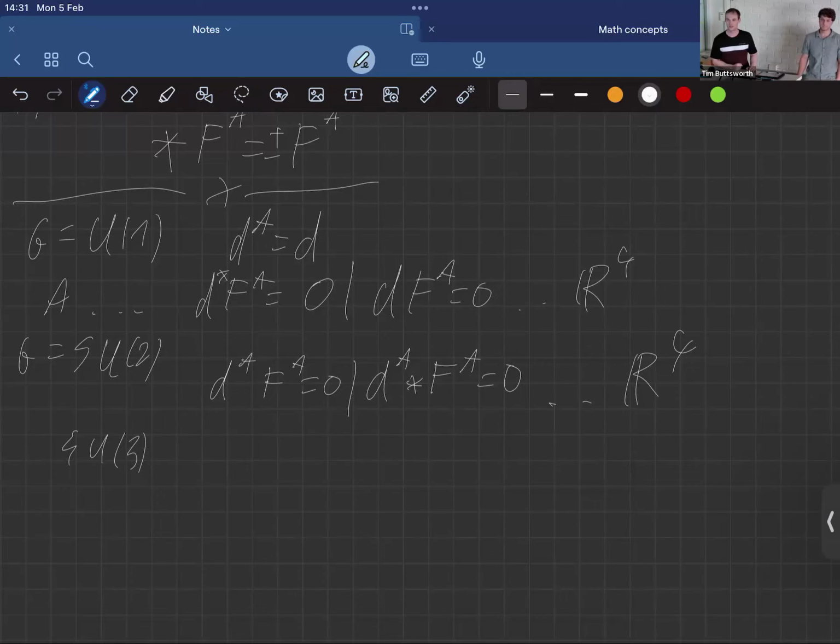Just a quick comment, but are you going to talk about Donaldson stuff? Yeah, I usually do. No, I mean, because even though they come from physics, there's also mathematical motivation, right? Because these equations played a big role in four manifold topology.